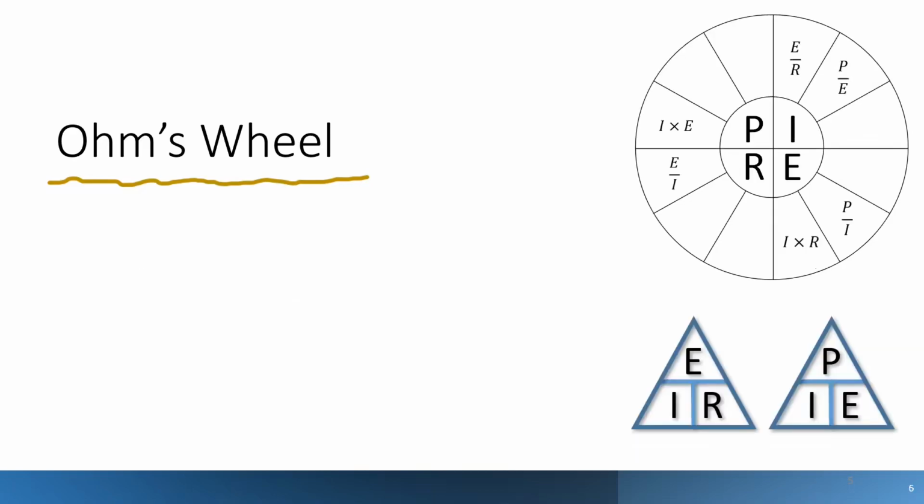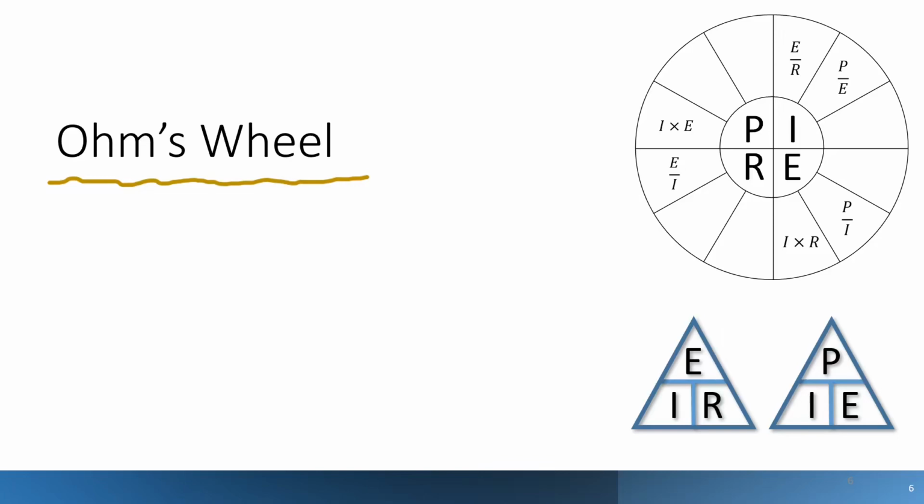Okay, so here I'm showing both the triangles down in the lower right-hand section, and I've gone ahead and started to fill in our wheel based on our formulas that we just reviewed on the previous slides. But here, P equals I times E, I equals E divided by R, or P divided by E. E equals P divided by I, or it's I times R, and R equals E divided by I. And you can figure that out by covering up the letter and seeing the formulas in the triangles down there.